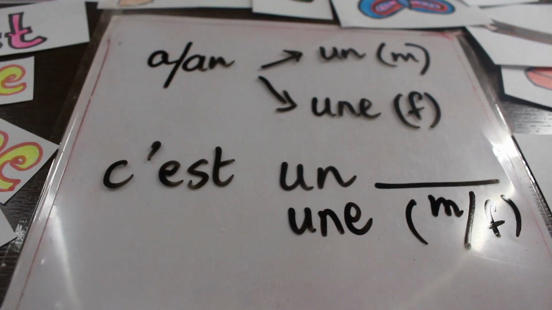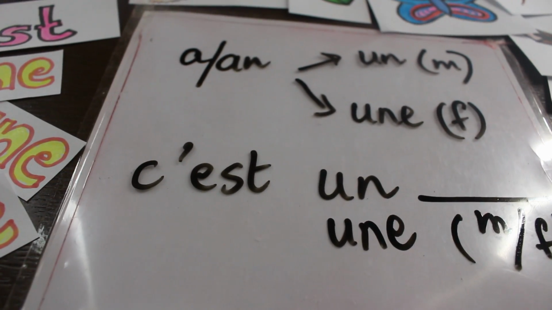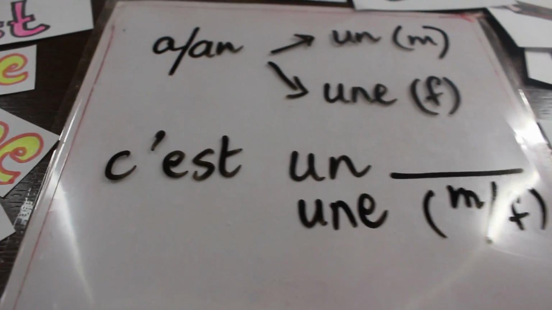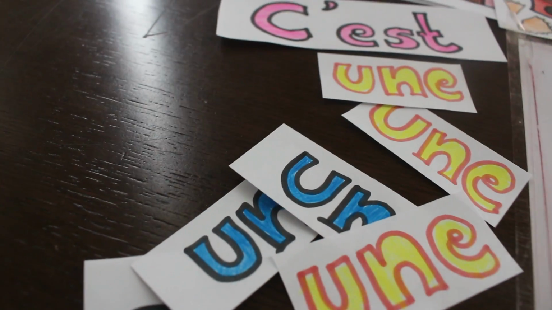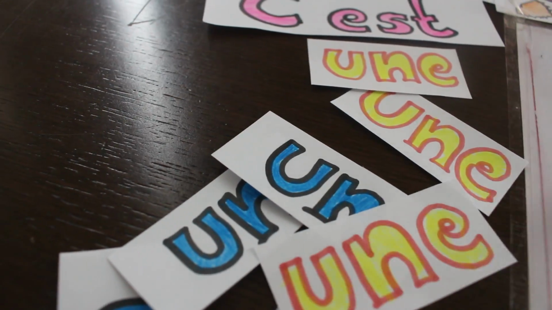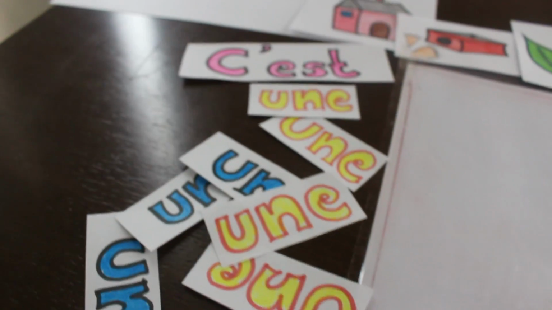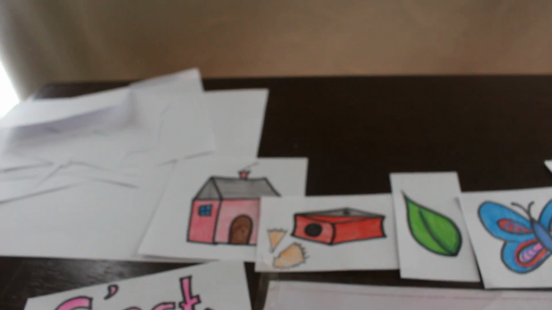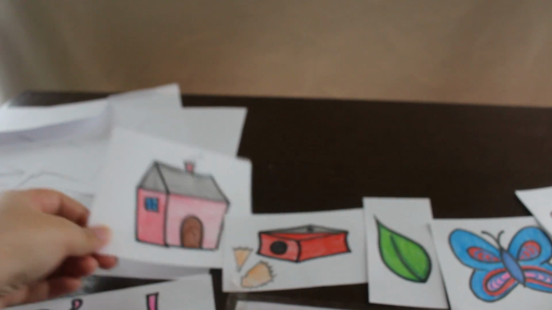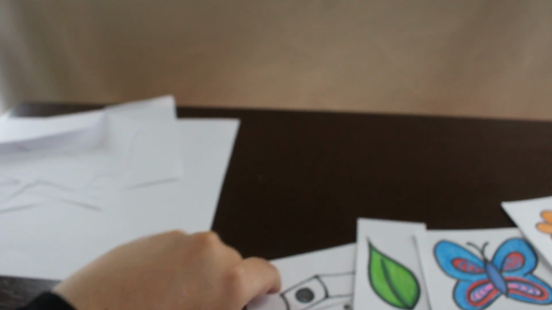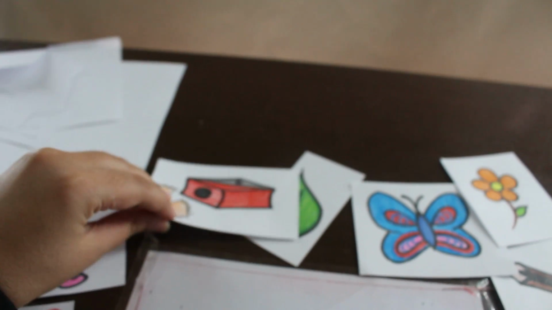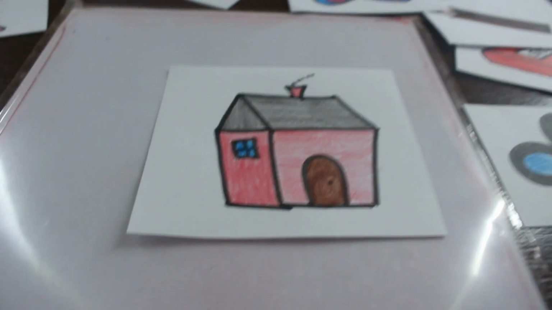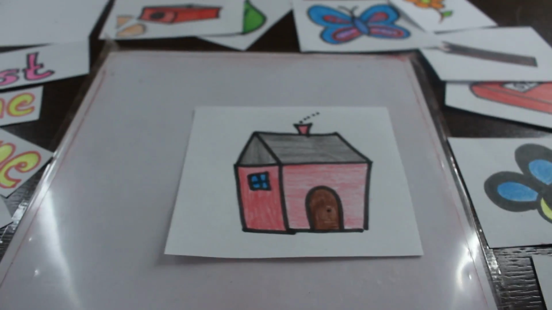Alright, so let's start making some sentences with what we have over here. We have c'est, we have un, we have une, as you can see. Now the first word I'm going to pick up is house.